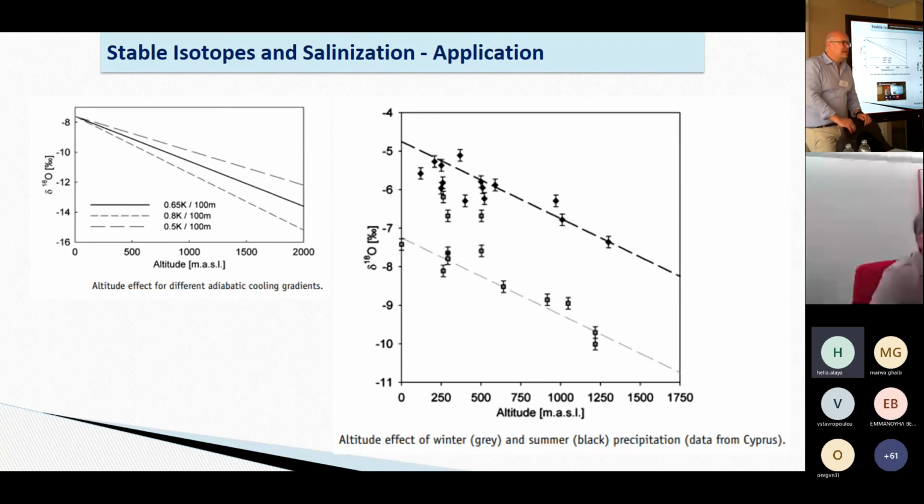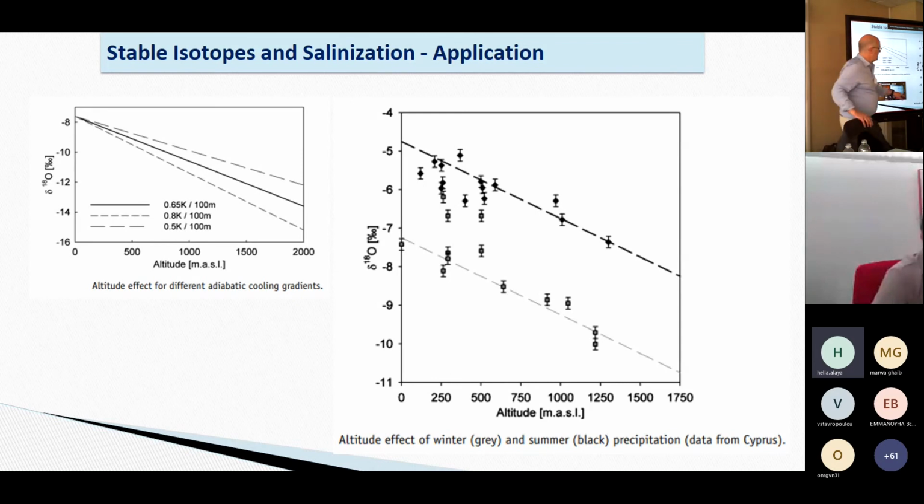So if the value, for example, is minus 8, and we have an elevation effect of 0.25 per mil per 100 meters, and the coastal groundwater has a normal value of minus 6. Yeah? We know that the recharge took place 400 meters above the coast. Yeah?